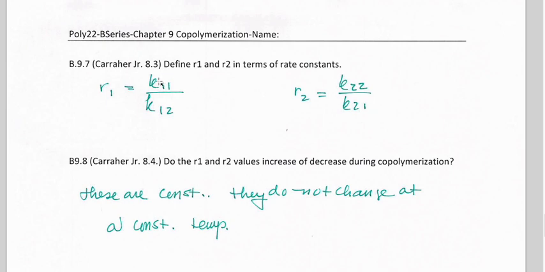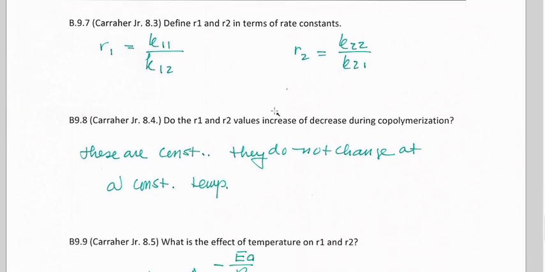So R1 is the rate of monomer 1 reacting with monomer 1 over the rate of monomer 1 reacting with monomer 2. R2 emphasizes monomer 2, so we look at the rate of monomer 2 reacting with monomer 2 over monomer 2 reacting with monomer 1. So again, these are definitions for R1 and R2, which we learned in the table.